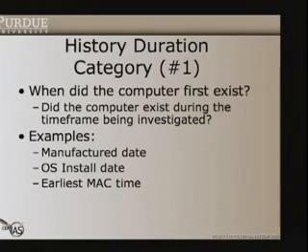So the basic examples for determining these types of things are looking at the manufacturer date of the computer, looking at the OS installation date to find out if it existed at that time, and looking at the earliest modified, access, or change times on a system to see if we can get a reference for when the system was created or used.